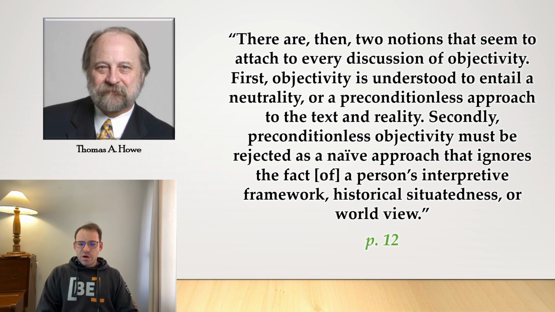He goes on: there are then two notions that seem to attach to every discussion of objectivity. First, objectivity is understood to entail a neutrality or a preconditionless approach to the text and reality. Secondly, preconditionless objectivity must be rejected as a naive approach that ignores the fact of a person's interpretive framework, historical situatedness, or worldview.